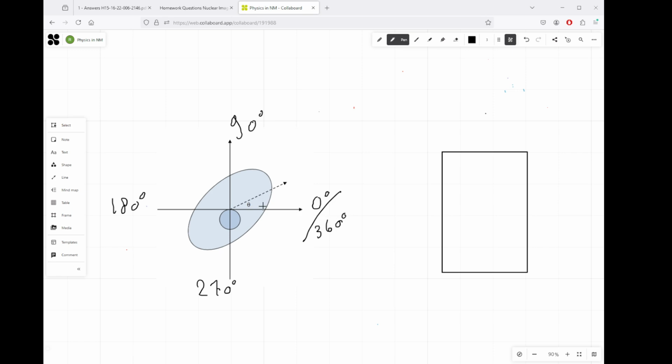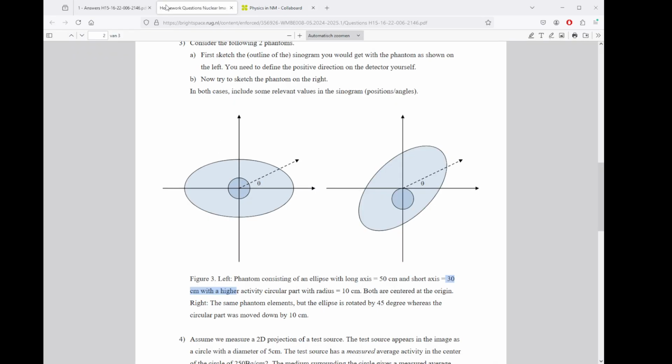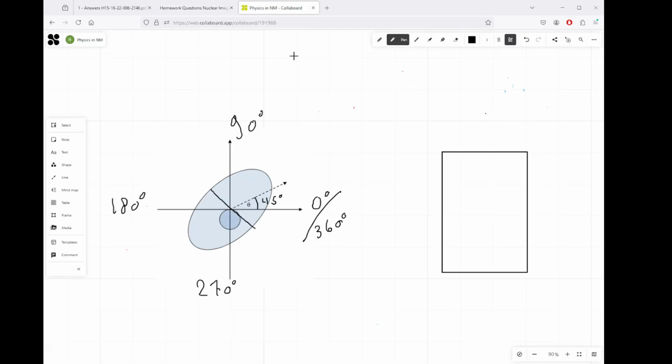Alright, so let me check. This angle was 45 degrees. This length was, how much was it? 30 again? Short axis 30 centimeters. Alright, so 30 and 50. So this was 30 centimeters, and this part was 50 centimeters.